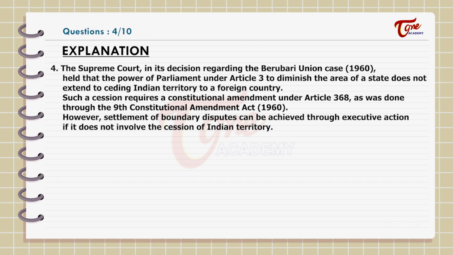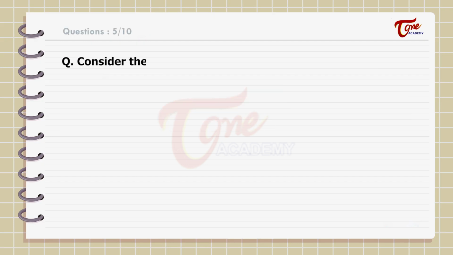Such a secession requires a constitutional amendment under Article 368, as was done through the 9th Constitutional Amendment Act 1960. However, settlement of boundary disputes can be achieved through executive action if it does not involve the secession of Indian territory.